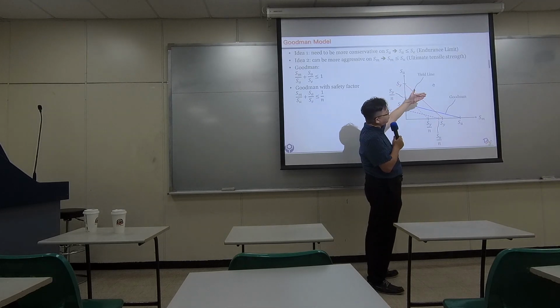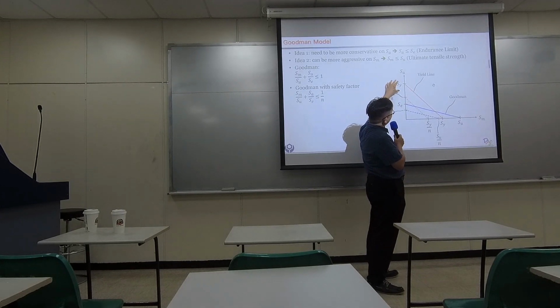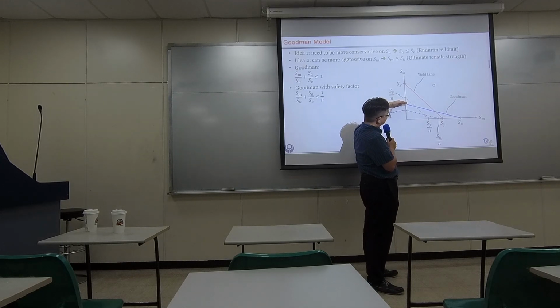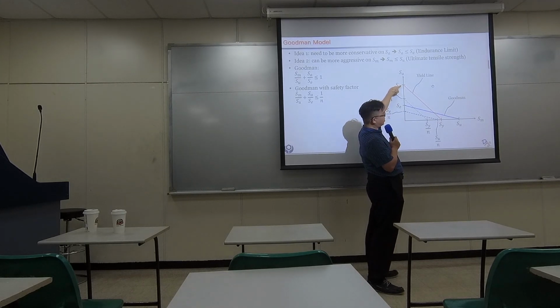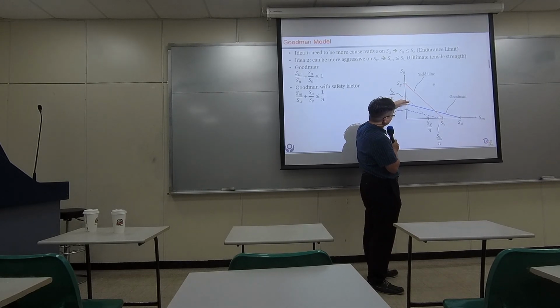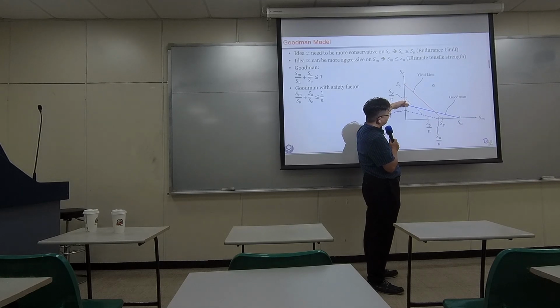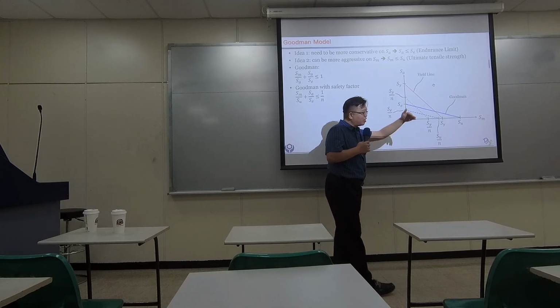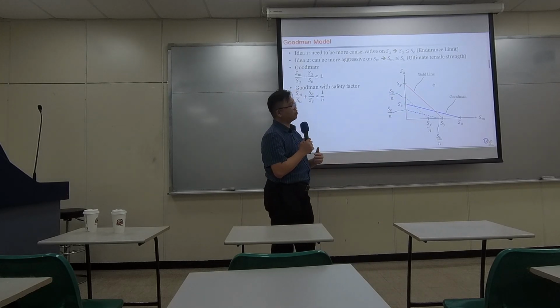So Goodman believes you want to set up the limit at the endurance limit, not the yield point. So he reduced the upper limit to this area. Okay, there's a drop. So whenever you have a design boundary reducing, that means you want this to be more conservative.